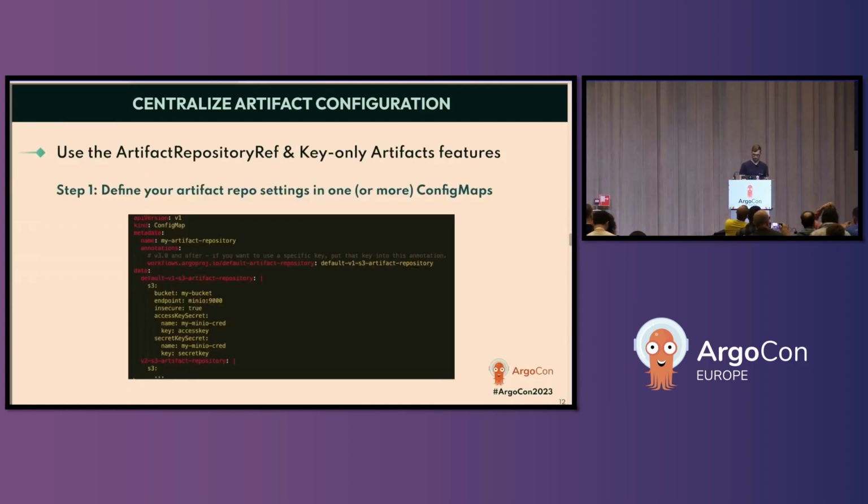Okay, so where are we going to move that information to then? Basically, we can move it to a config map. You can have one or more of these config maps that can be referenced from your workflow. And the config map can actually have multiple keys in it, where each one is some unique configuration.